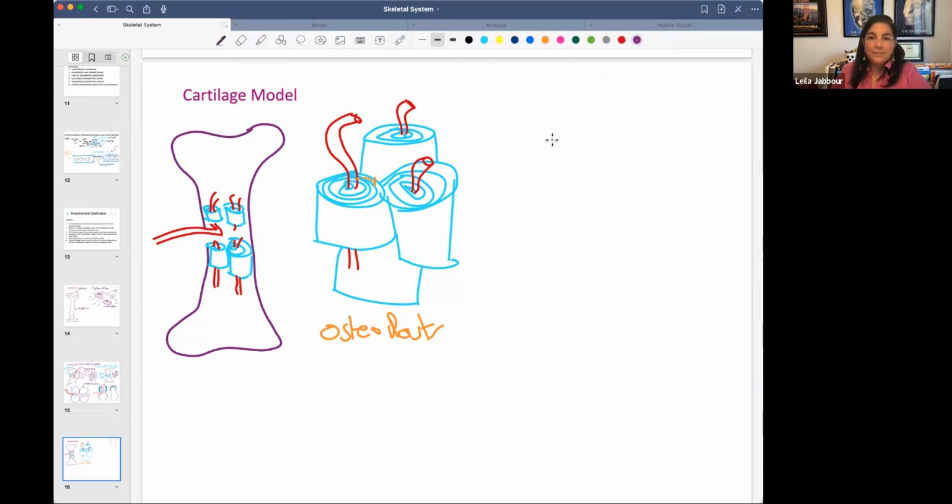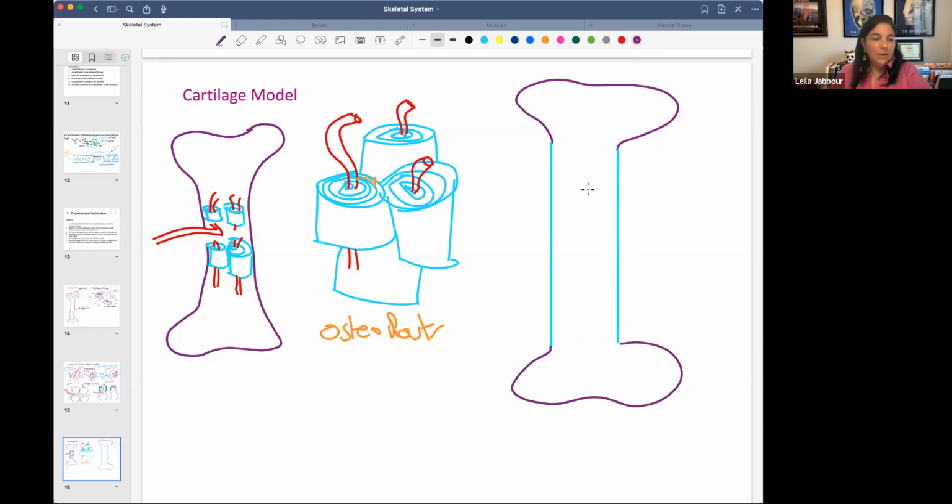Let's draw that without hesitating. And their diaphysis completely bony. And there's the other epiphysis. Okay.